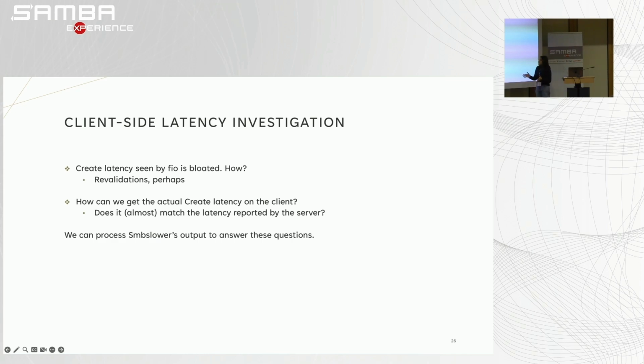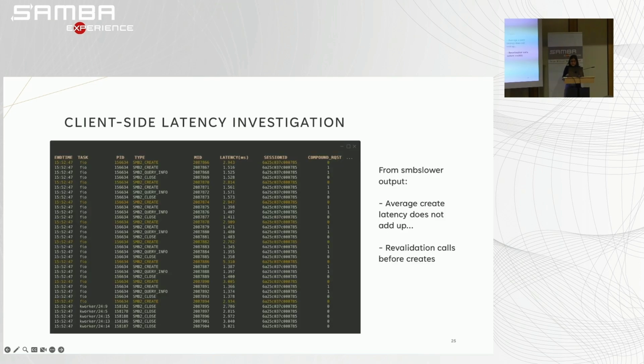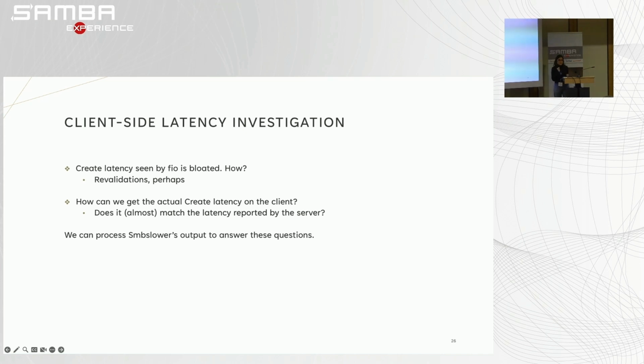Number one, the create latency that FIO might be reporting might be bloated, but how? Maybe it's the revalidations. And if the latency is indeed bloated, what is the actual latency for file opens that is seen by the client? And does it match what is reported by the server? So we can actually process this output to get an answer to these questions.